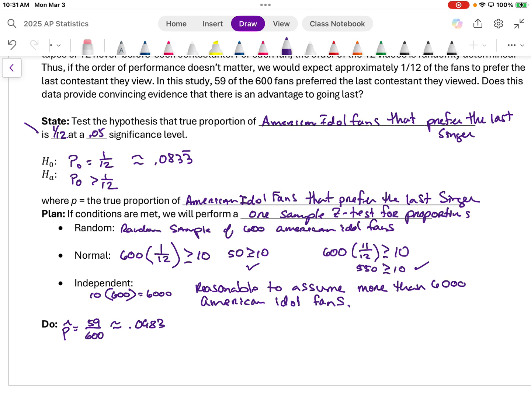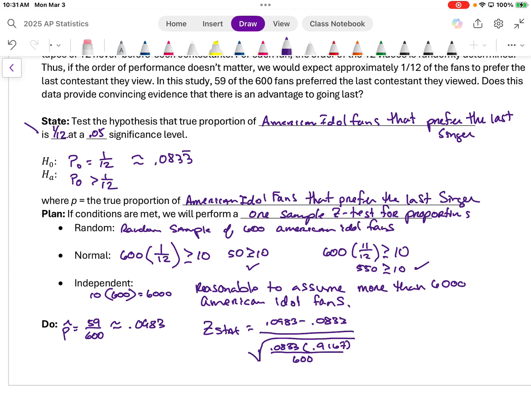Now we find our z statistic. Our z stat is equal to 0.0983 minus the null, 0.0833, over the square root of 0.0833 times 1 minus 0.0833, which is 0.9167, all divided by 600.